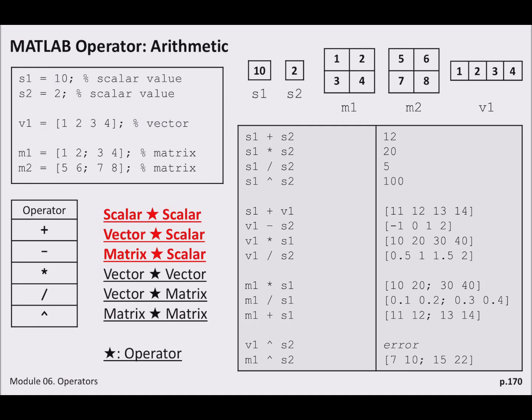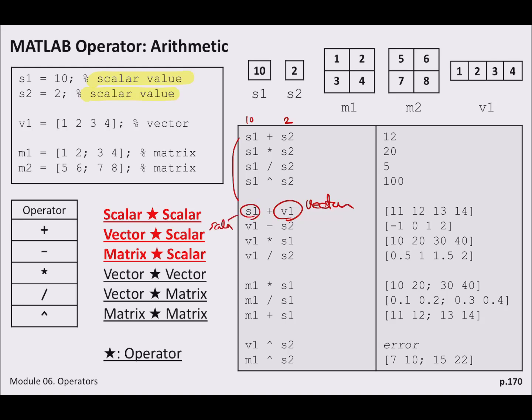Let's start with what we learned so far. Scalar and scalar operations are very obvious. If S1 is a scalar value and S2 is a scalar value, we can do this numeric operation, like 10 and 2. We learned about this in module 2. We can also do the operation between a vector and a scalar.